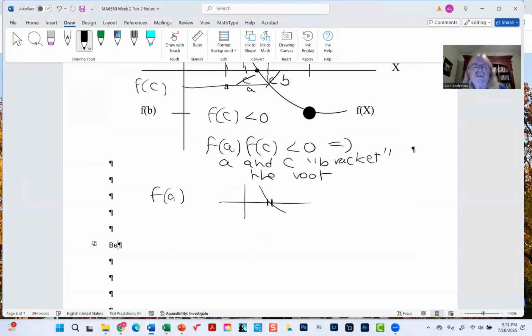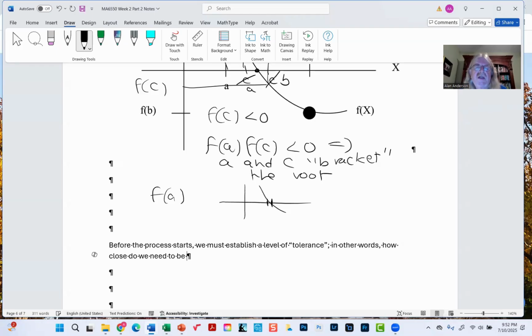So before the process starts, we must establish a level of tolerance, it's called, which simply means how close do we need to be to the true root, or yield in this case, to be acceptable.